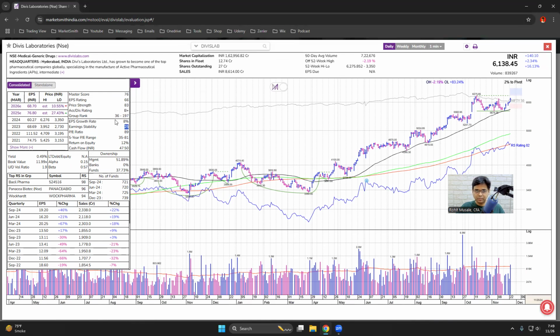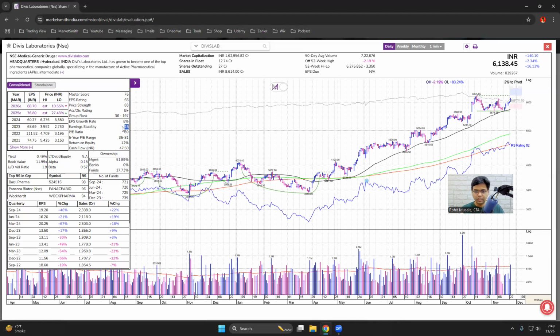So Dixon has a better EPS growth rate than Divis, and Dixon has a better earnings stability than Divis. Okay. As I told you, 25 is always higher than 8, right? Dixon has 8 earnings stability. So Dixon not only has better average annual growth rate in its EPS, it also has better stability compared to Divis.